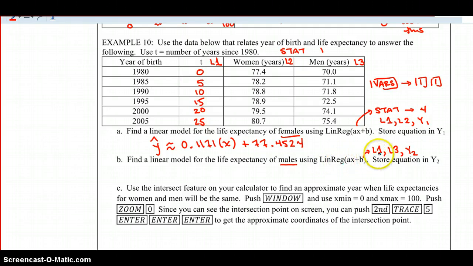And then second function 1 to type in L1, comma, second function 3 to type in L3, comma, and then to type a Y2, we're going to hit variables and right arrow over and hit 1 and then choose 2 to pick Y2 and then hit enter.